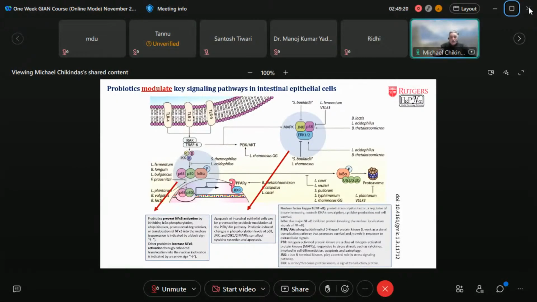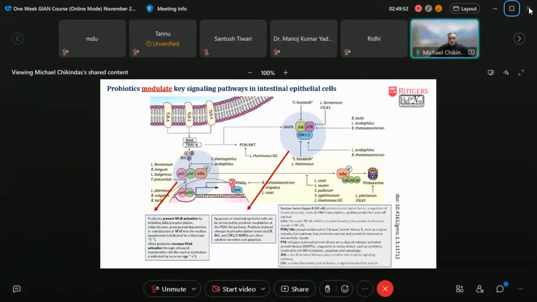So the important things here: we mentioned the modulation of NF-kappa B production and the decrease in activation. Apoptosis of intestinal epithelial cells is also a very important challenge, and it can be prevented, again, through the modulating action of probiotic microorganisms.